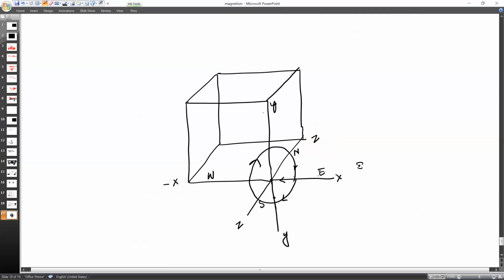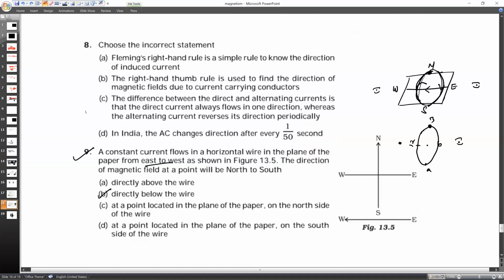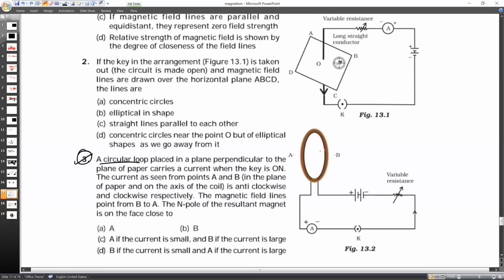So here the question gives a circular loop placed in a plane perpendicular to the paper. When the key is on, the current moves from A to B. If you consider that this side is towards you and this side is away from you, the current is moving from A to B, like this.